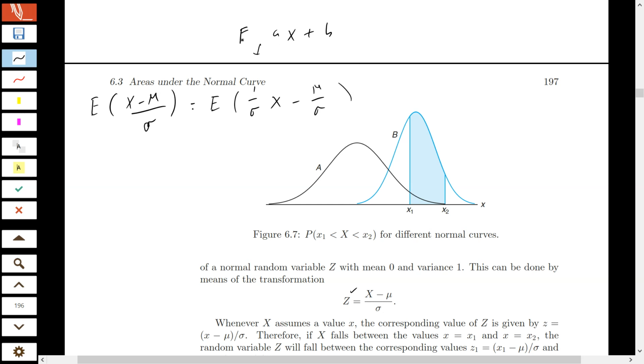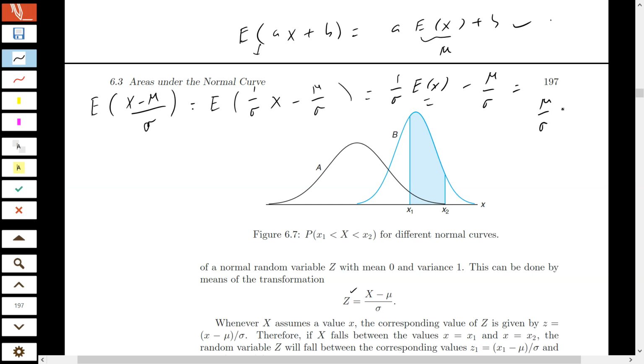So I know the expectation of ax plus b is a times the expectation of x plus b, right? We had this formula before. So it will simply be 1 over sigma times E of x minus mu over sigma. And what is E of x? Sorry, E of x is mu.